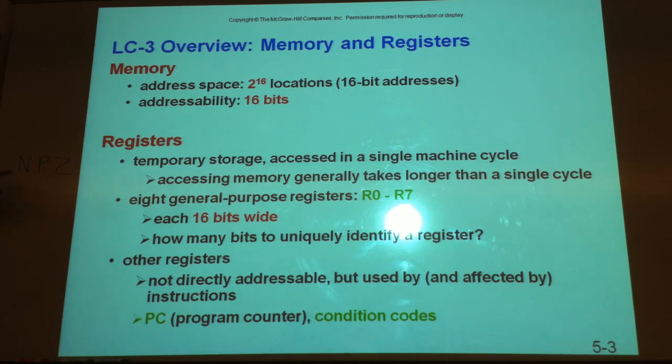Whatever it stores, it will look and say, if that register is all zeros, it will set that code. If that register is greater than 0, it'll set this code, and what do they use for negative?